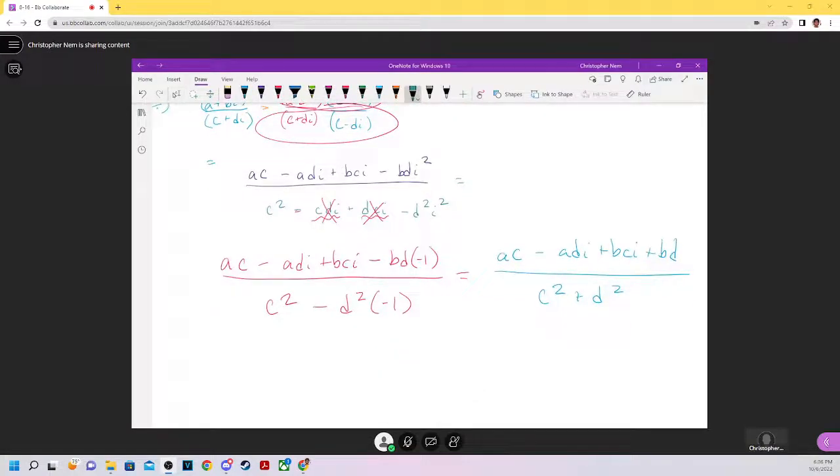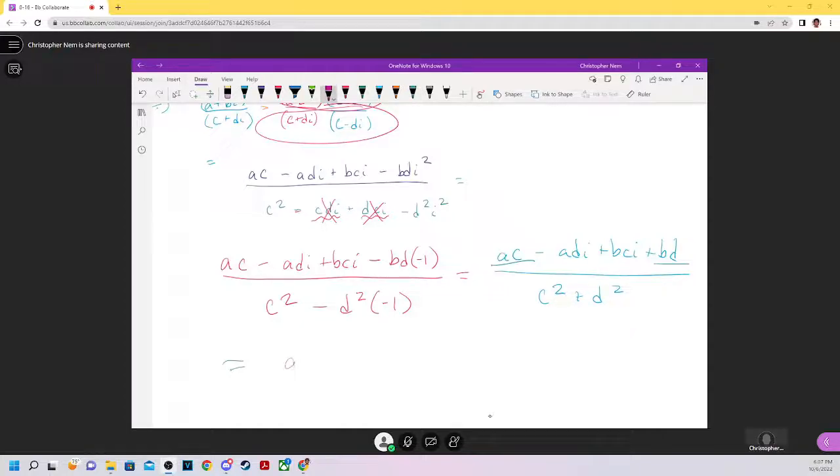Well, we're almost done. Now, I like to just move all the reals with the reals, imaginaries with the imaginaries. This is a real component, and this is a real number, and this is another real number. Let's separate the reals from the imaginaries. If I do that, I have a new complex number in my numerator.